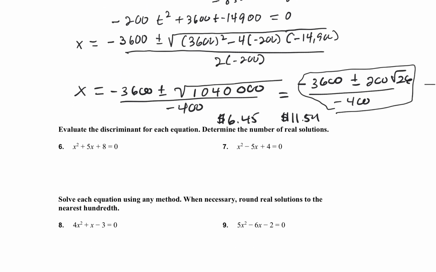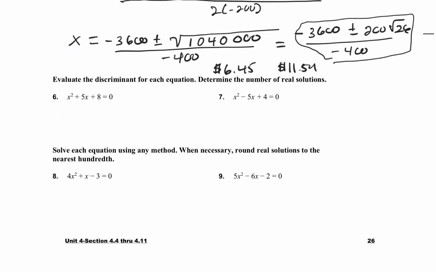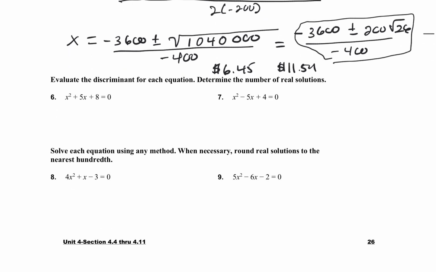Number 7, it says evaluate the discriminant for each equation and determine the number of real solutions. So the discriminant is b squared minus 4 times a times c. So in this case, it's negative 5 squared minus 4 times 1. Now c is 4, right?